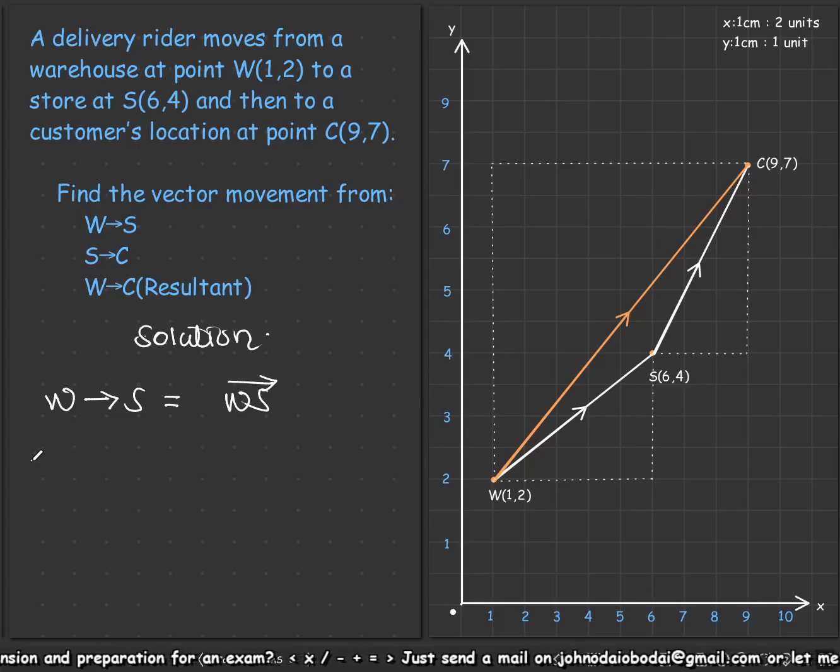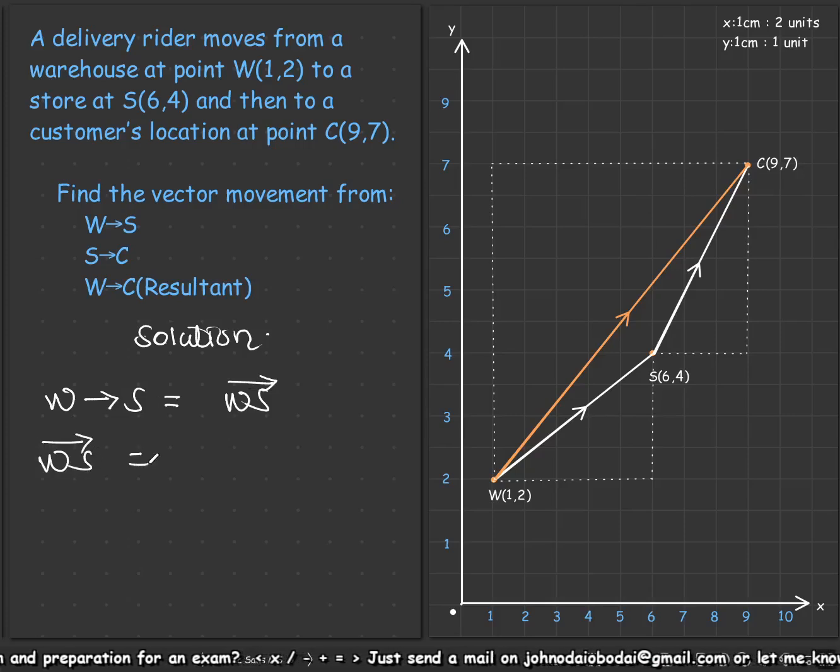Now from our recap, WS is then going to be S minus W. You see? So the point at S and then that at W, and we find their difference.